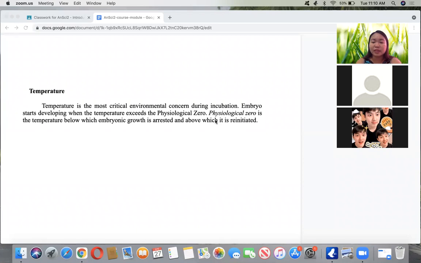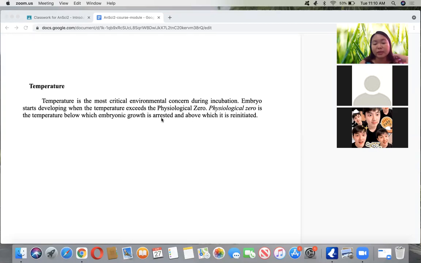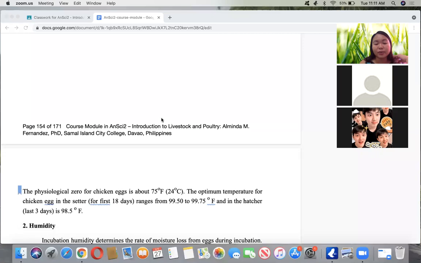So the required temperature should be above the physiological zero para mag-growth yung embryo niya.